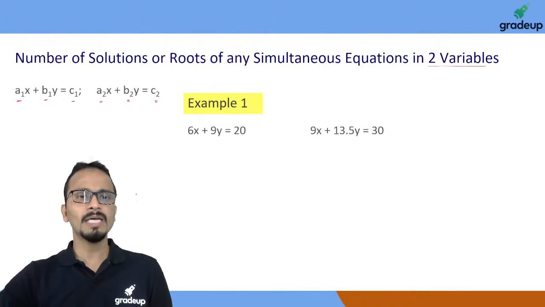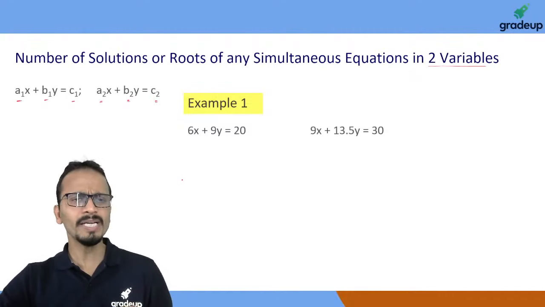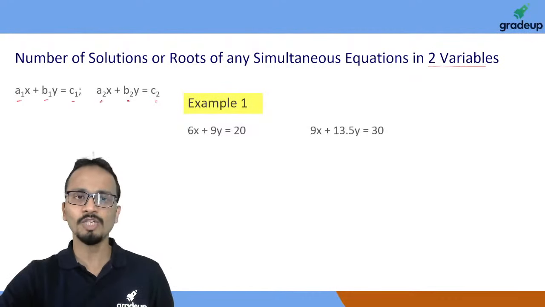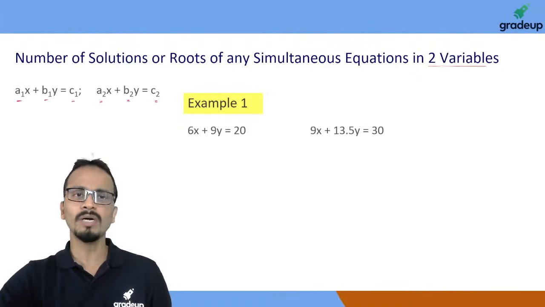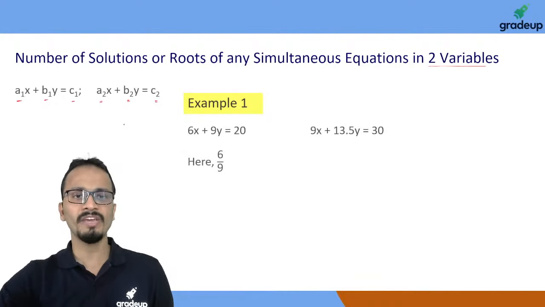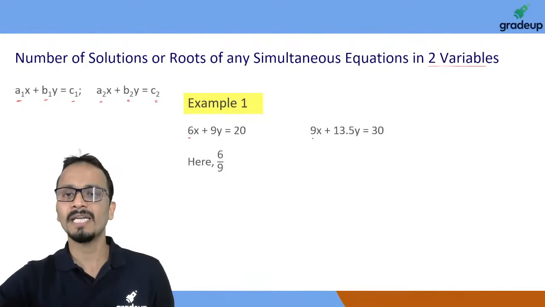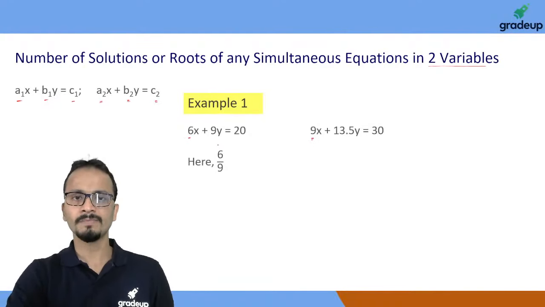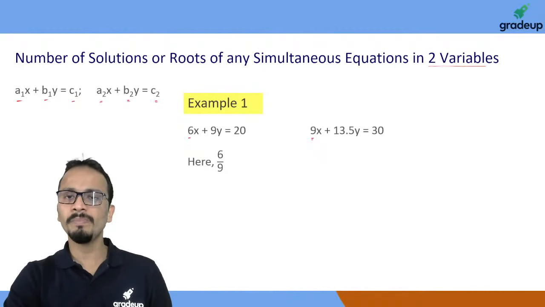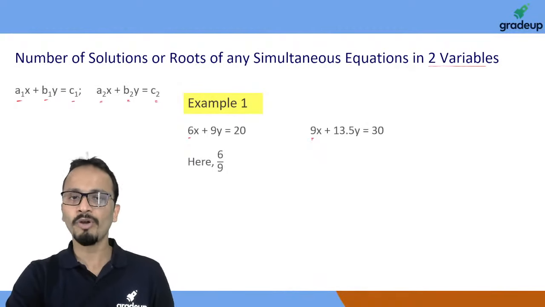Now calculate the respective ratios of a1 and a2, then b1 and b2, and then c1 and c2. So a1 upon a2 is 6 divided by 9. We'll look at b1 upon b2. So b1 upon b2 will be 9 upon 13.5.